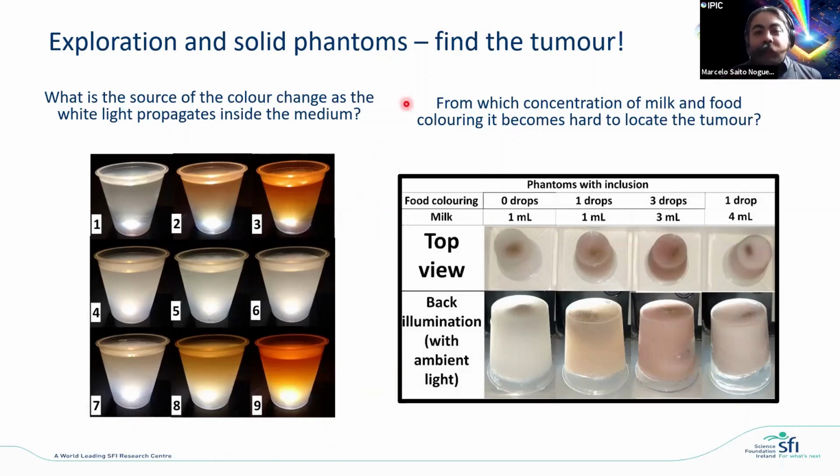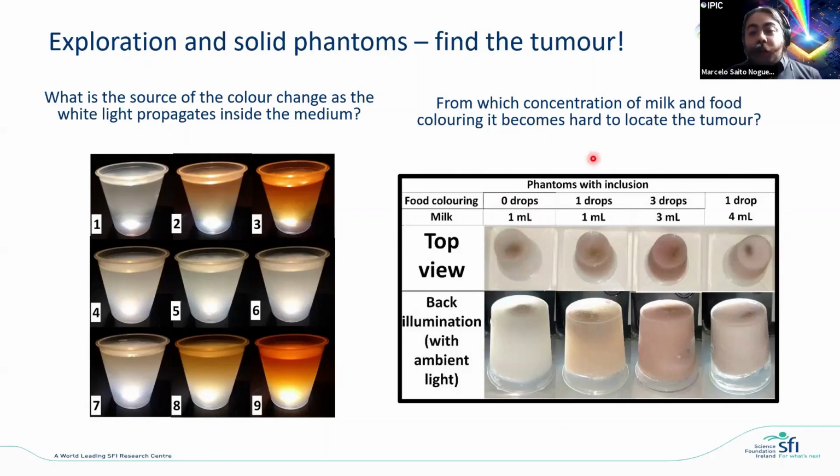One other thing that you can do is insert an object with different optical properties compared to your phantom. And this object will simulate your tumor. It could be a candy, it could be a dark bead, or something that is different from the surrounding medium.